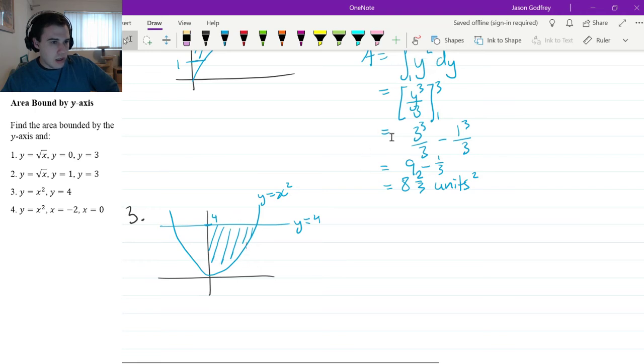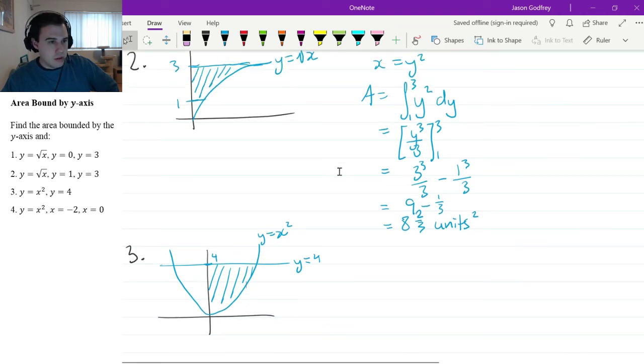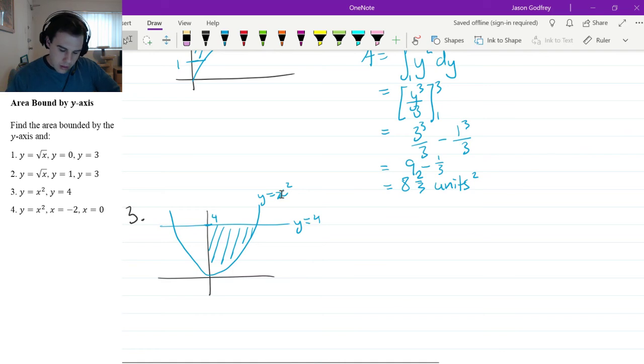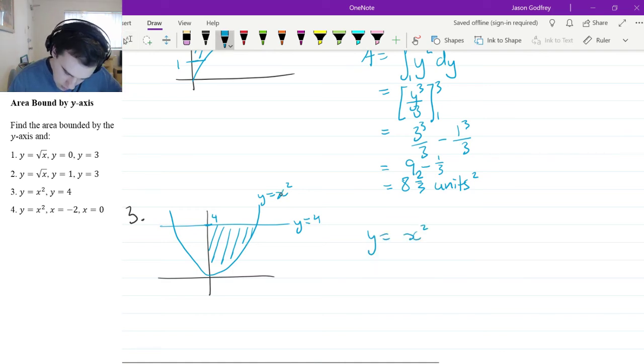But we'll try, just because this is the way it's framed in your textbook, and it's good equation skills to practice, we'll try representing x as a function of y. So if we've got y equals x squared, and we want to make x the subject, to reverse the square we'll have x is plus or minus square root of y.